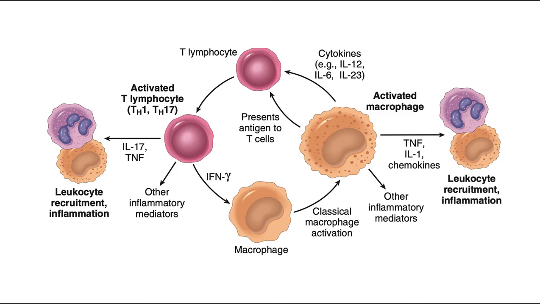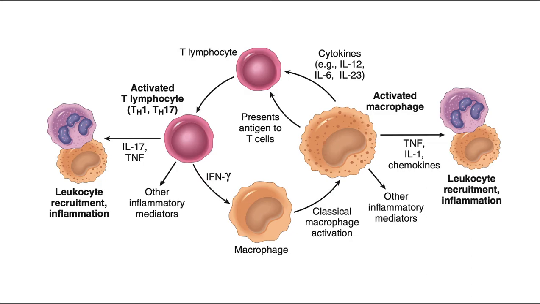Th1 cells produce the cytokine interferon gamma, which activates macrophages by the classical pathway. Th2 cells secrete interleukin 4, interleukin 5, and interleukin 13, which recruit and activate eosinophils and are responsible for the alternative pathway of macrophage activation.